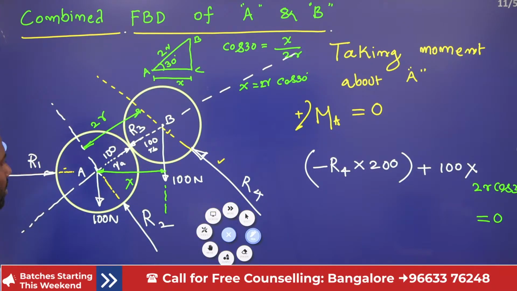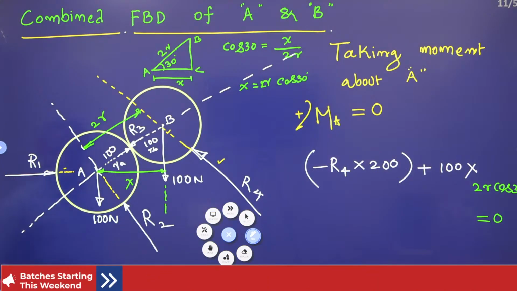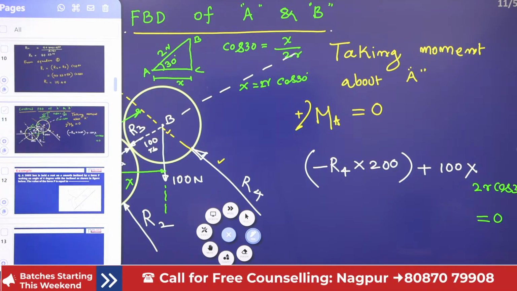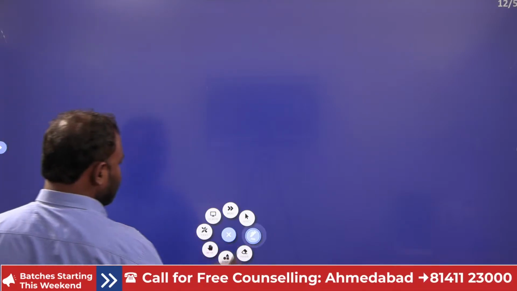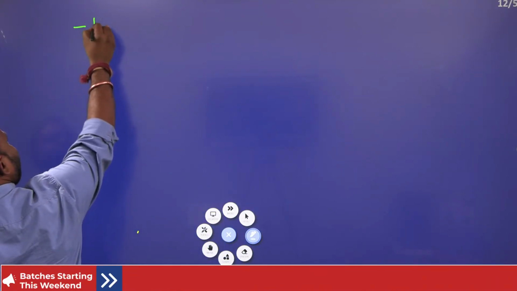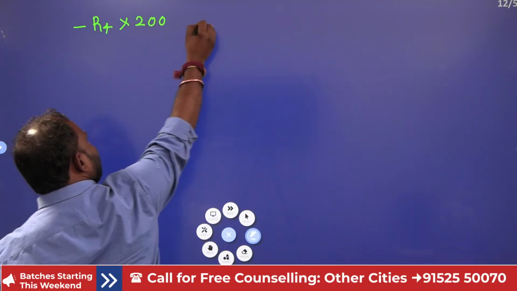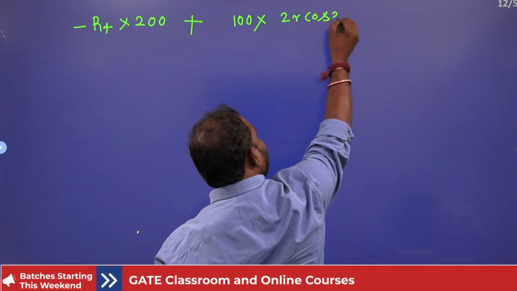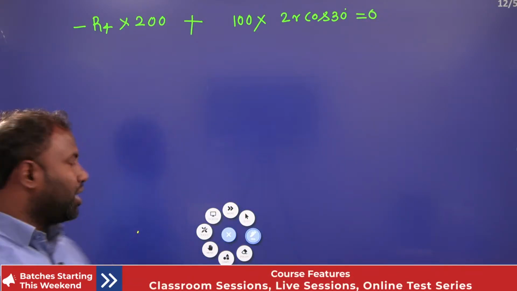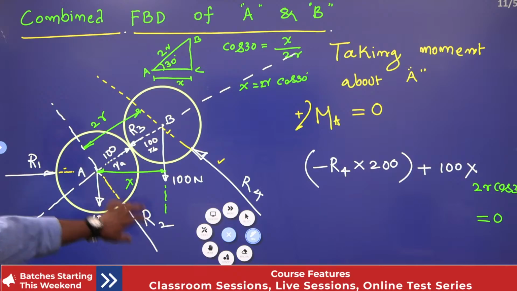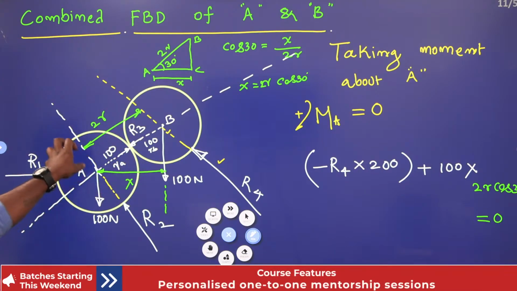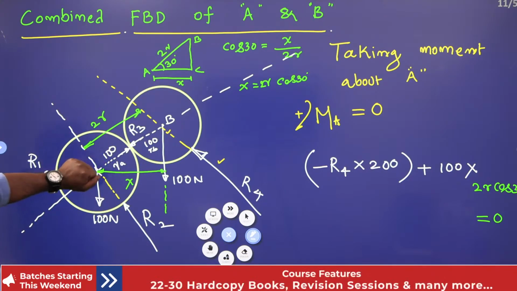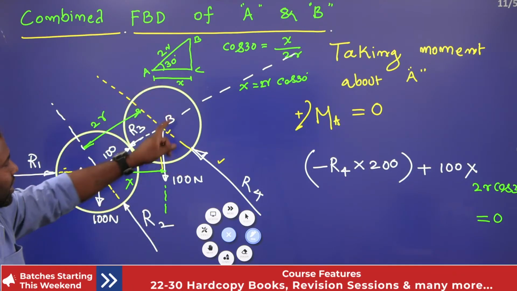Moments about A equal to 0. Why? Because the R2 moment and also the R3 moment are 0, since they are passing through the point A. Now, if I take moments about A, the only moments created are by this 100 newtons and also this R4.